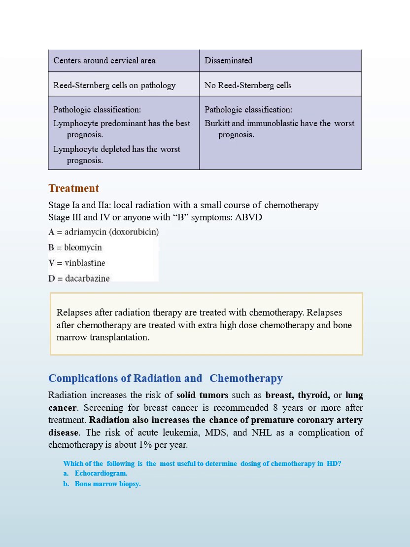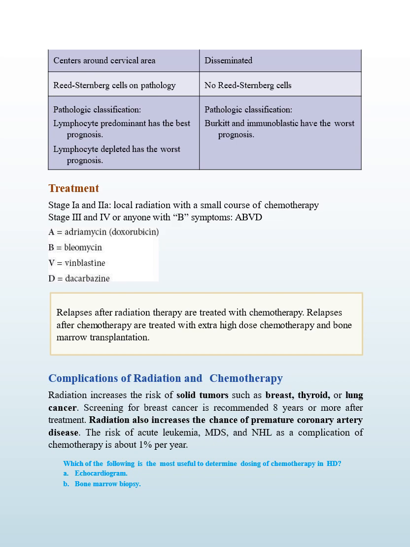Also, radiation increases the chances of premature coronary artery disease, premature CAD, and the risk of acute leukemia, MDS, or NHL as a complication of chemotherapy is about 1% per year.